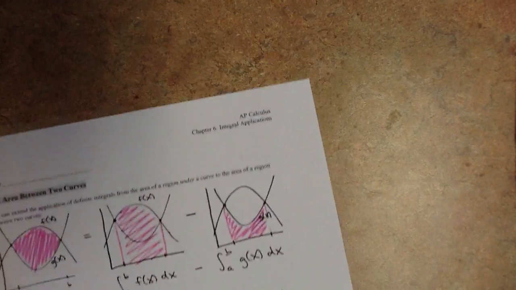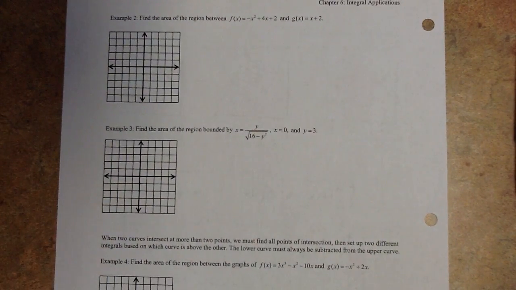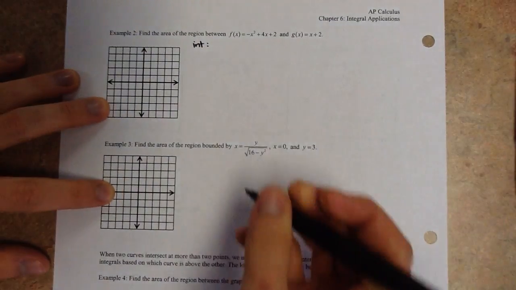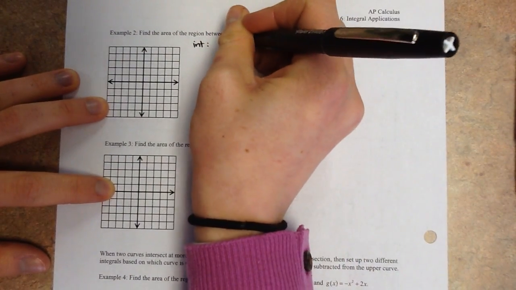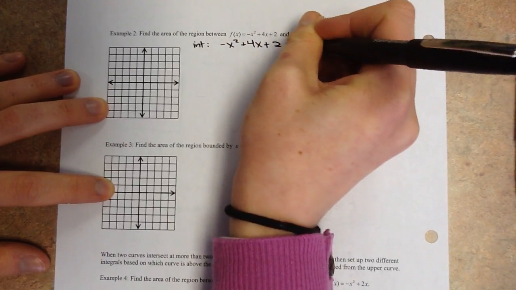All right, so let's look at our next example, example 2. We're going to start with a graph, and the easiest way to get accuracy on the graph is to find the intersection points first. So we need to figure out where those two graphs intersect each other. So for our intersection points, we are going to set them equal to each other. So we're going to take negative x squared plus 4x plus 2 and set it equal to x plus 2.